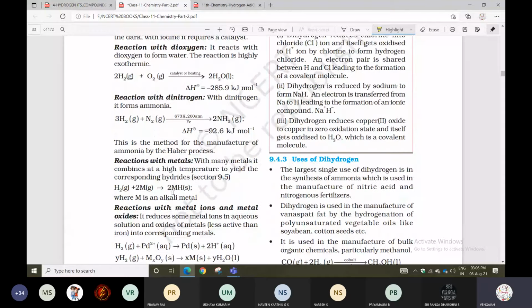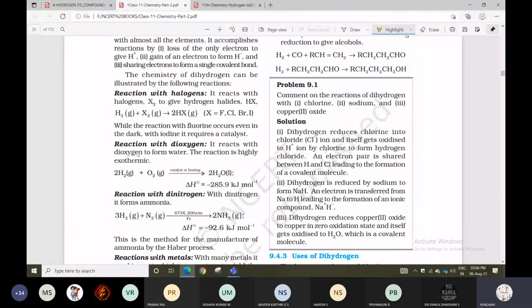It reacts with the halogens to give hydrogen halides. Instead of X, you can take fluorine, chlorine, bromine or iodine. While the reaction with fluorine occurs even in the dark, iodine requires a catalyst.